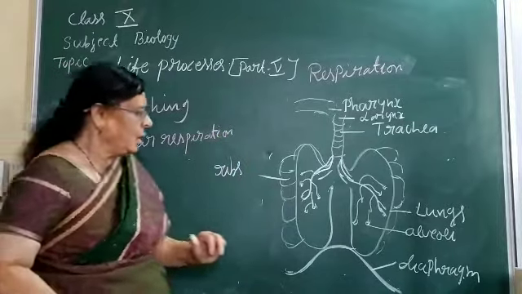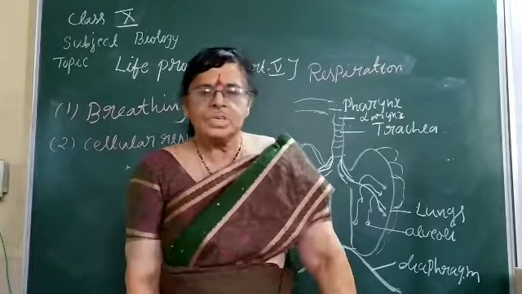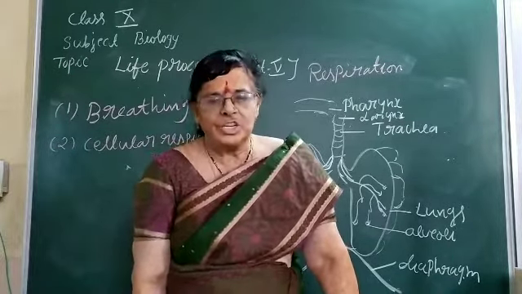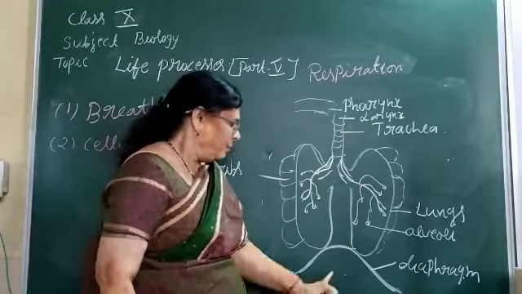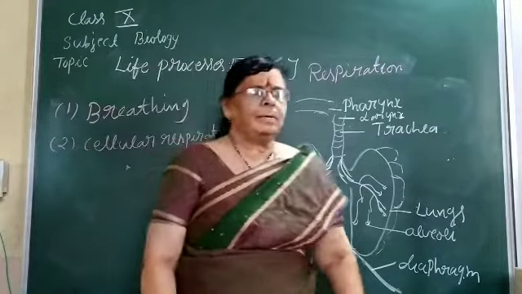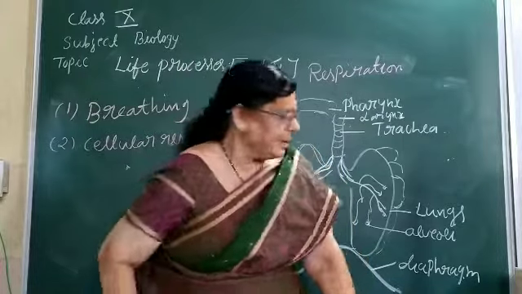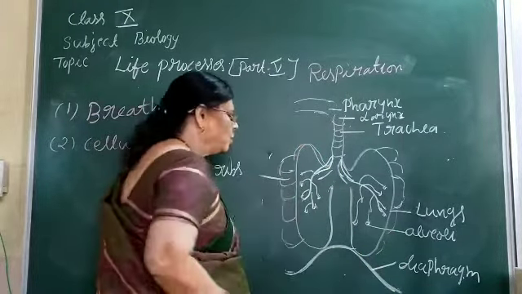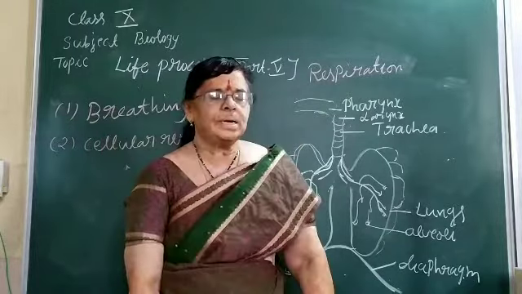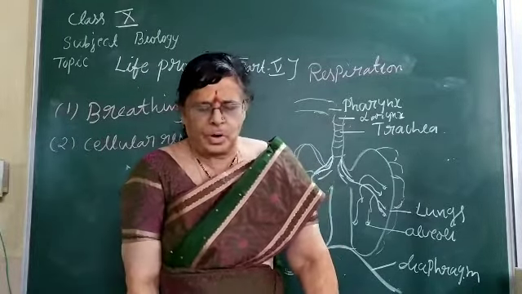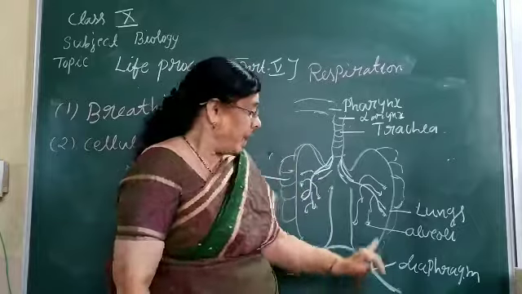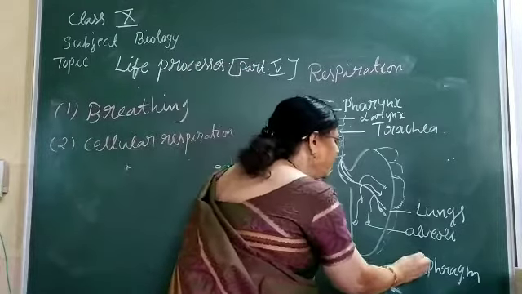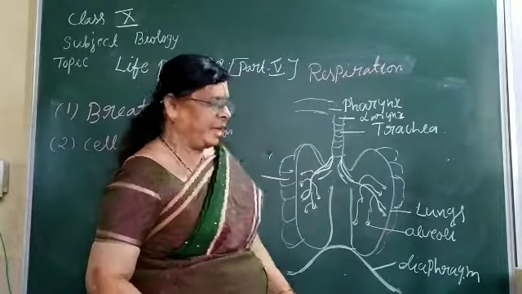Now, let us know how the process of breathing is initiated. Firstly, whenever we have to breathe, there is one structure called the diaphragm, which separates the thoracic and the abdominal cavity. The diaphragm plays a very important role in the mechanism of respiration.